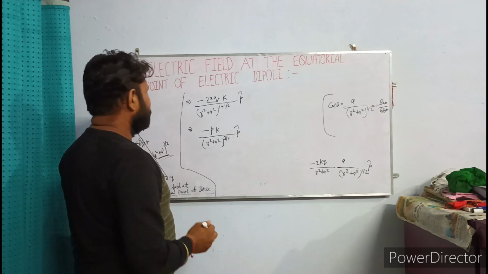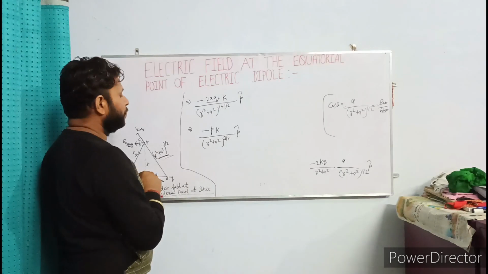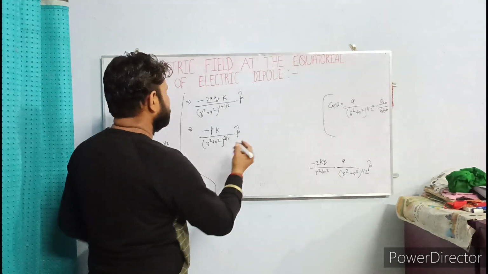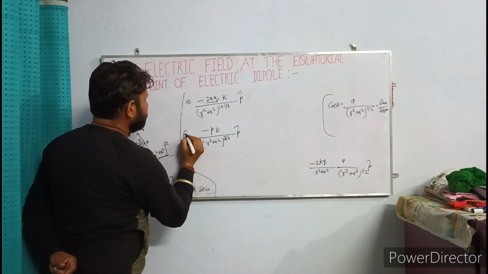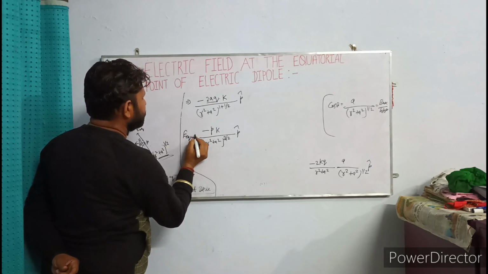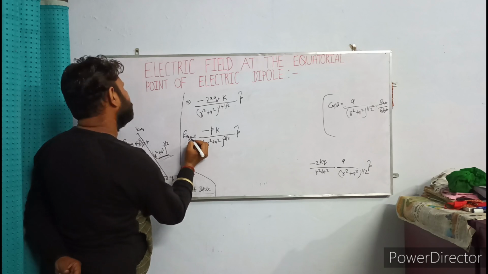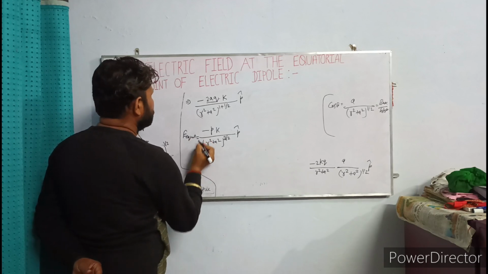Okay students, here it is the formula for the equatorial electric field. E equatorial equals this.